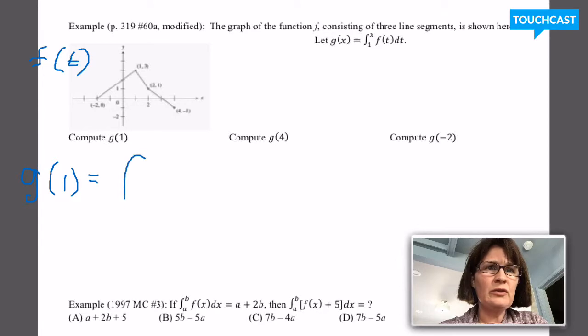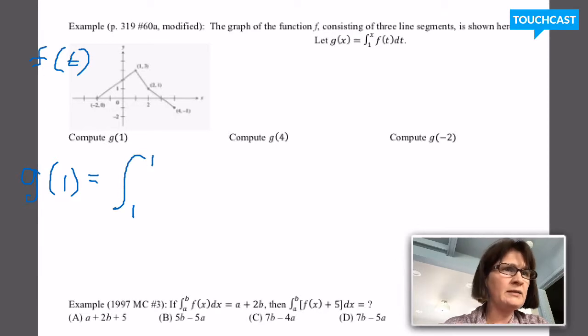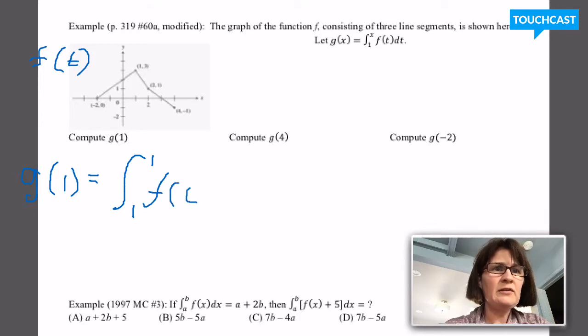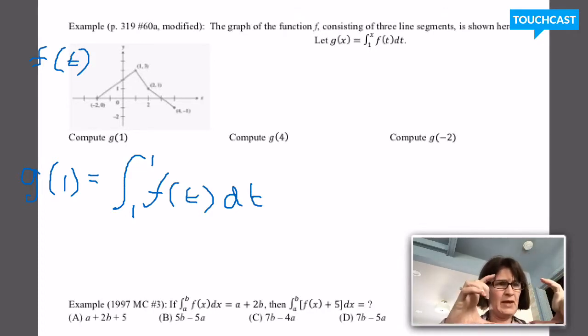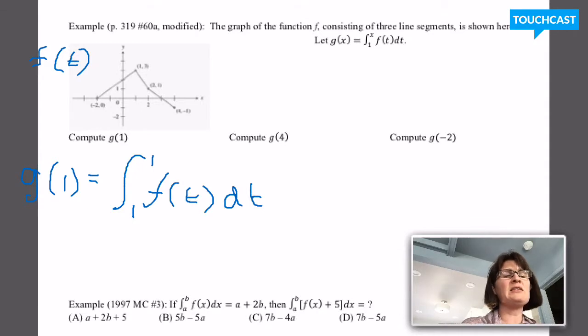is going to equal the integral from 1 to 1, because I'm replacing the x with 1, of f of t dt. Notice I haven't plugged in the 1 for t, because g is a function of x, so when I have a number in the little input bucket for the g function, I'm only going to replace the x's with that. Now this says find the area under the f curve between 1 and 1.